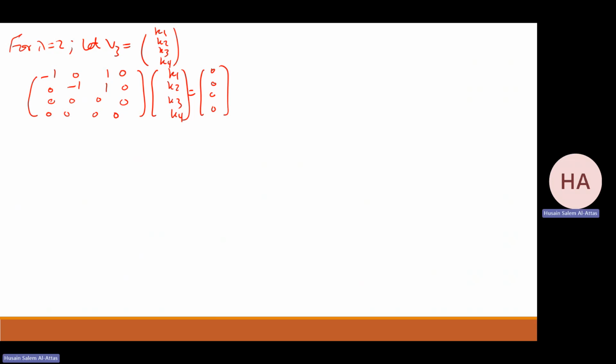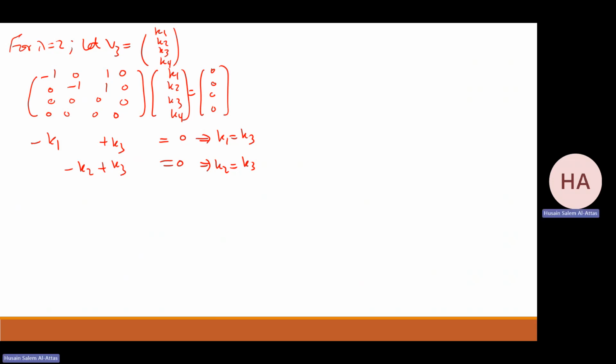So what will happen now? I have minus K1 plus K3 equals 0, and minus K2 plus K3 equals 0. From here, I'm getting that K1 equals K3 and K2 equals K3.